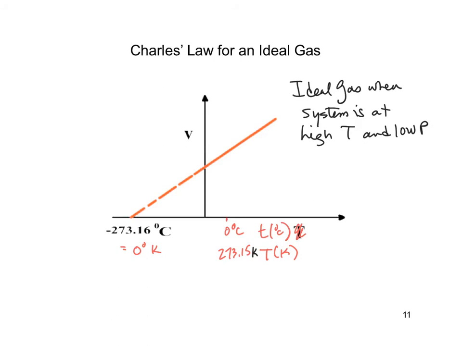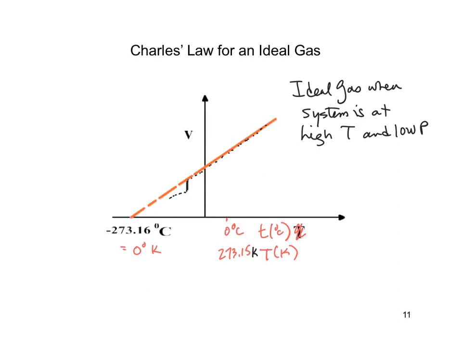So if it were a real gas, you'd start out the same. The real gas volume is going to decrease as you decrease the temperature. You're going to get to some point, it might be 0 degrees, it might be lower. Most gases are lower than that. But all of a sudden, you got condensation. That is the property of a real gas system, where the gas goes to liquid, so it undergoes condensation. If you continue to lower the temperature, you get a small change in volume, but not a lot.